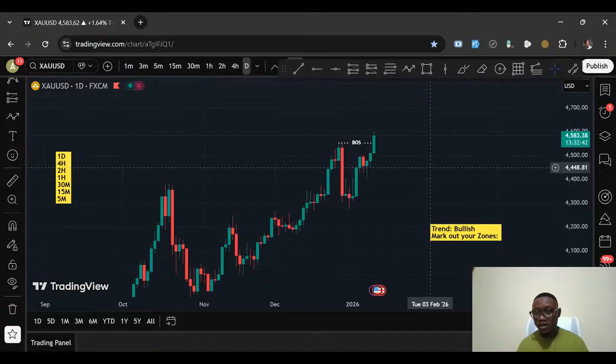You already know the factors that must be met in order for a zone to be considered a valid order block zone, right? So you already know those things.